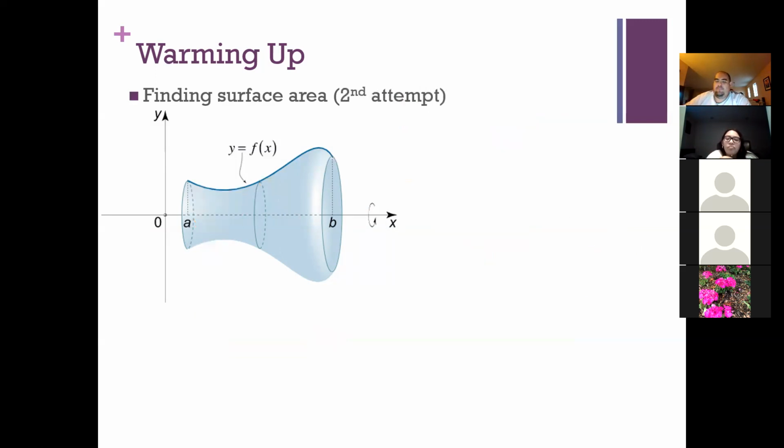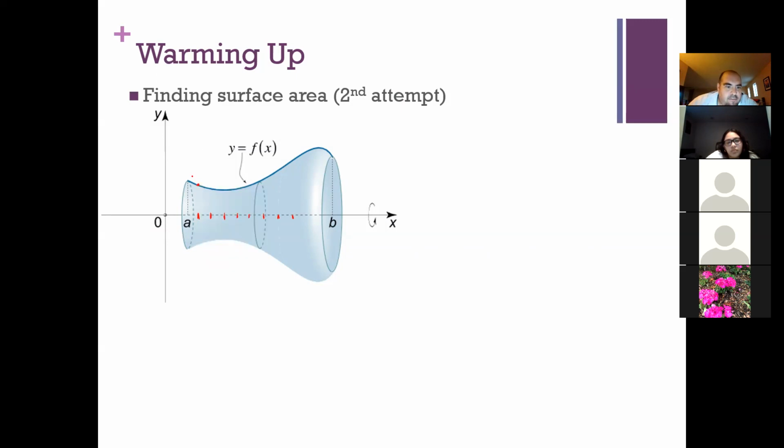So again, we're going to partition this interval into several smaller intervals. But just like we did with arc length, if we want a really faithful representation, I don't want to do horizontal line segments.